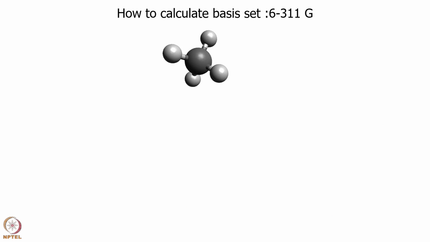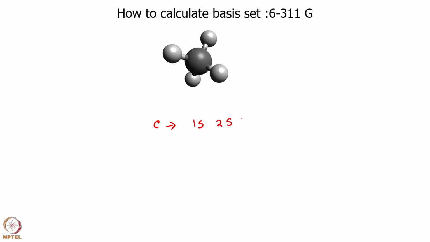Now, let us come to the 6311G basis set. So, for carbon, this is how one should write it. This is a split valence basis set again. So, it is 1s.